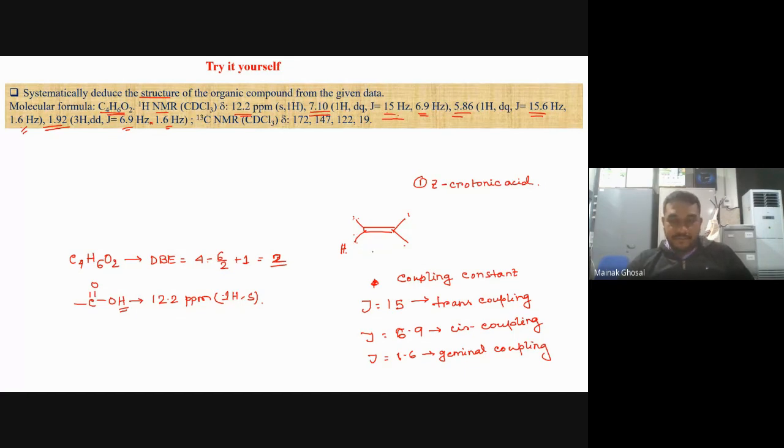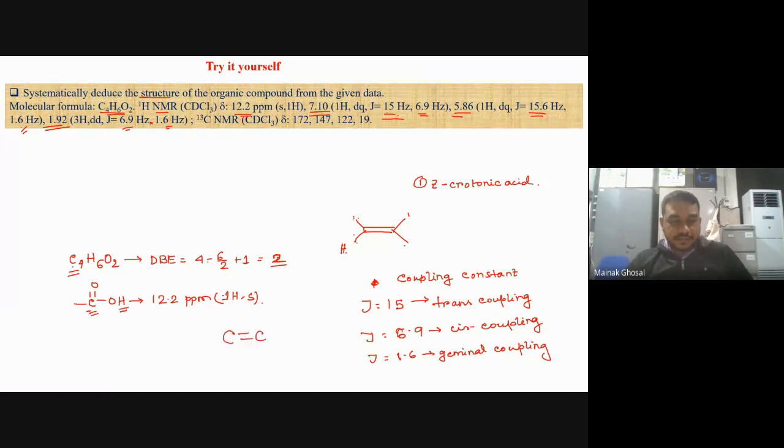Now if an alkene is there, in the acid we have used one carbon, and two carbons in this ethylene or alkene kind of thing, which is nothing but C double bond C.